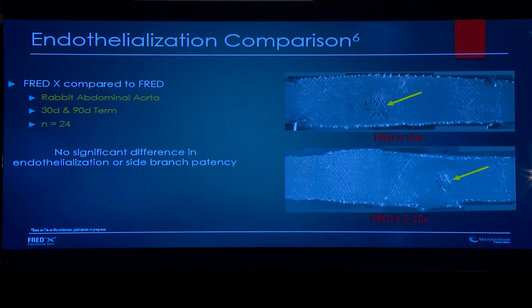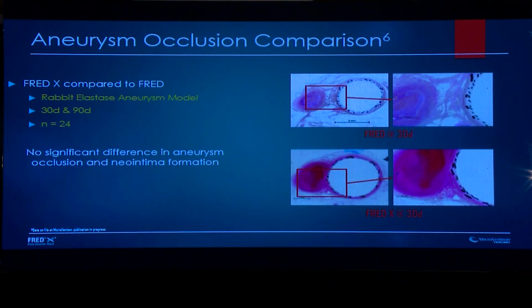Now, in vivo studies using implants placed in rabbit aorta have shown that there is no significant difference in endothelialization when you compare the uncoated FRED stent with the FREDX at either 30 or 90 days. And similarly, a rabbit elastase model has demonstrated no significant difference in either radiographic or histologic aneurysm exclusion or the rate of intimal formation in either 30 or 90 days between FRED and FREDX.